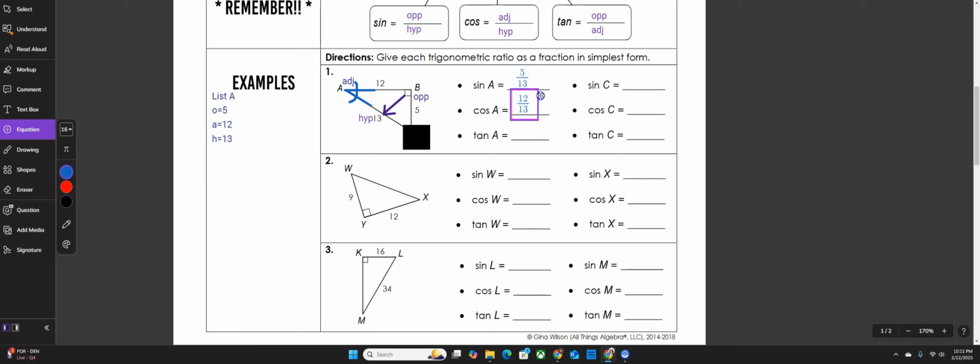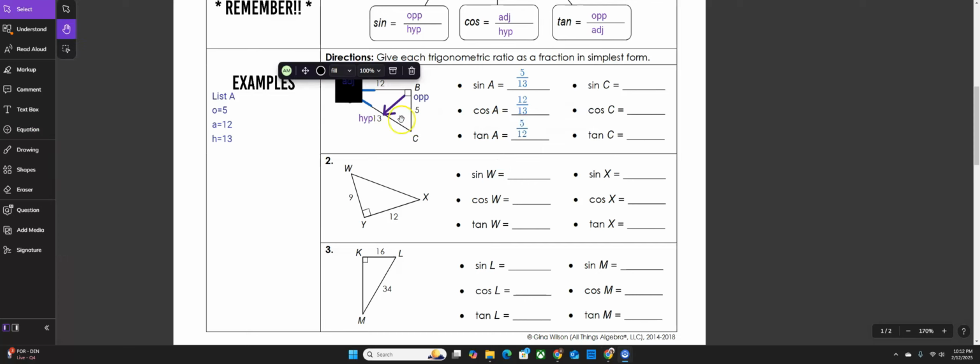Again, we cannot simplify it because 13 is prime. And finally, the tangent of angle A. Opposite side over the adjacent side, O over A. So O is 5 and A is 12.